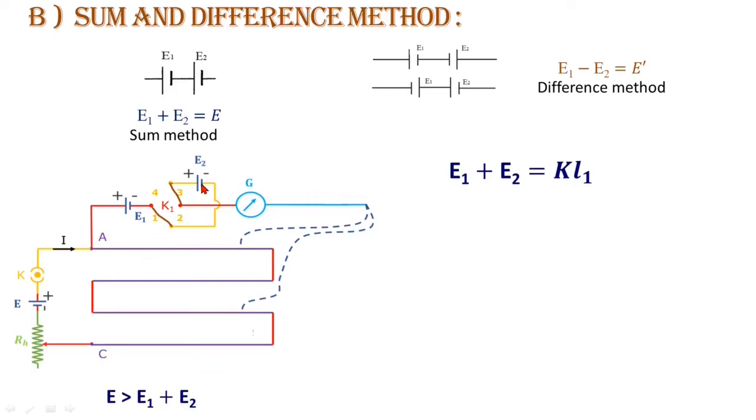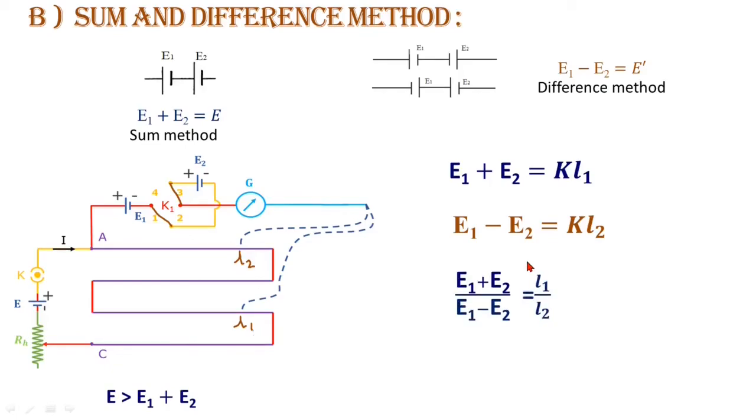Therefore, the cells are in difference mode. Again, the null point is obtained with the help of the jockey. Let L2 be the length of the wire between the null point and the point A. This corresponds to E1 minus E2, and we can write E1 minus E2 is equal to KL2.